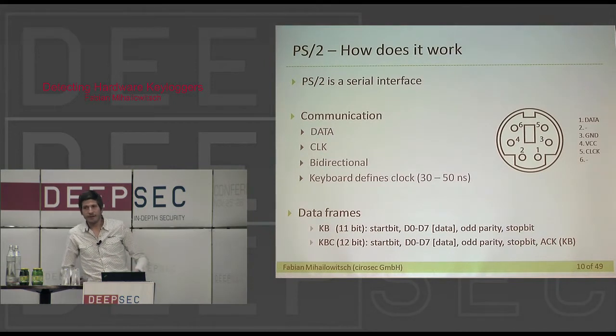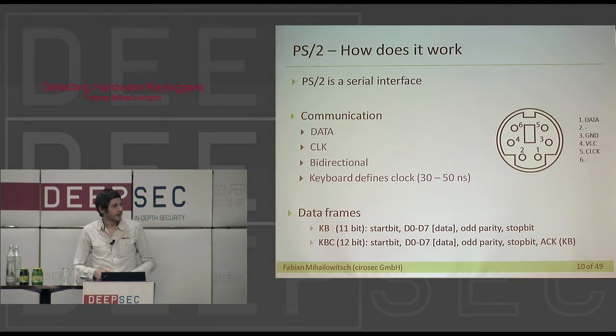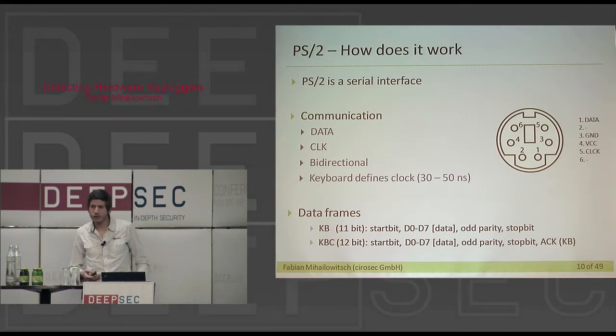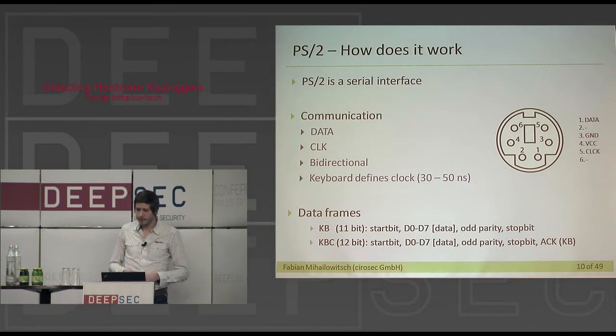The PS2 interface, I'll just go quickly over it. I guess most of you know the port and have seen it. Interesting are just two pins, the data pin and the clock pin, which are used to transfer the data. The clock is defined by the keyboard, and can be between 30 and 50 nanoseconds. The data is transferred in 11-bit frames from the keyboard to the PC.